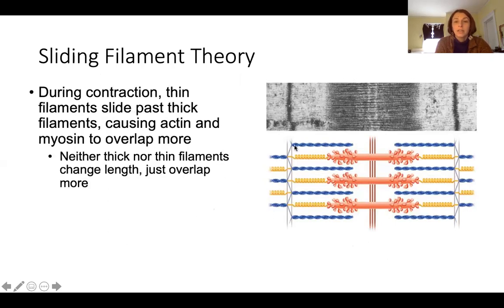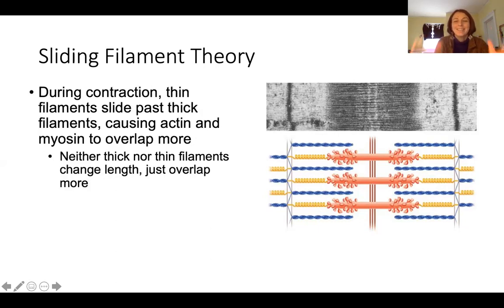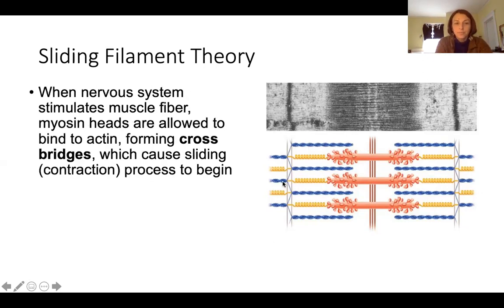During contraction, there starts to be more overlap. Well, you can't see it yet in this image. So sorry. The thin filaments are going to slide past the thick filaments, causing a deeper overlap, okay? And nothing changes shape, everything gets closer together.